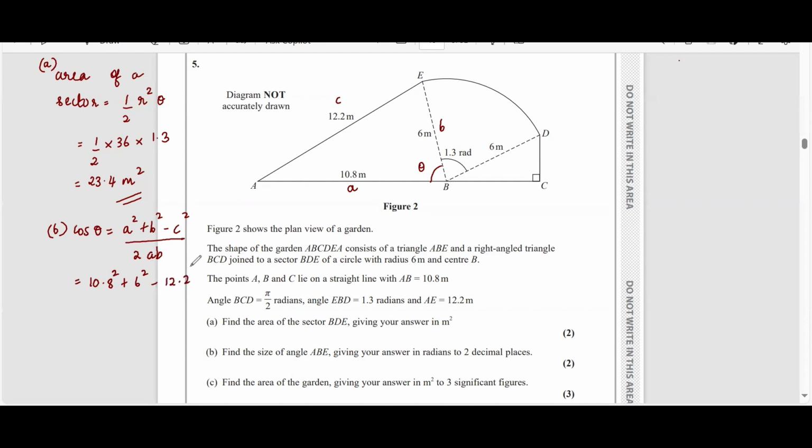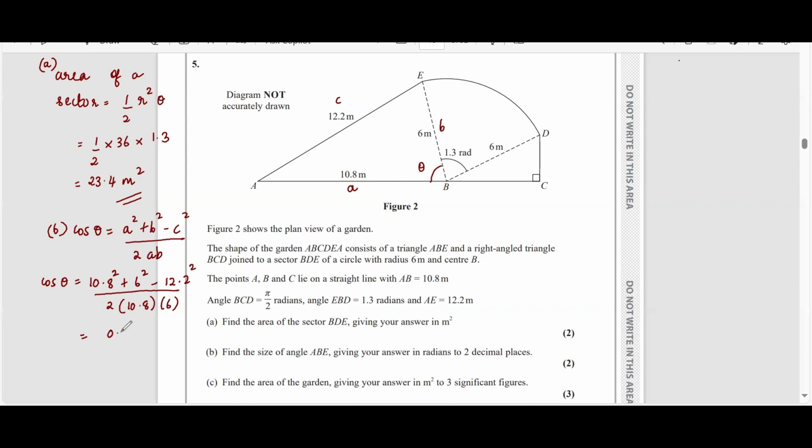So cos theta equals 10.8 squared plus 6 squared minus 12.2 squared, divided by 2 times 10.8 times 6.